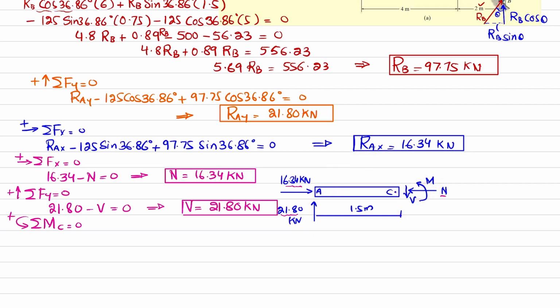So I will write plus M minus 21.80 into 1.5 is equal to 0. So from here we will get this moment will be equal to 32.8 kilonewton meter. Now you have this shear force, this normal force, and this moment at point C.